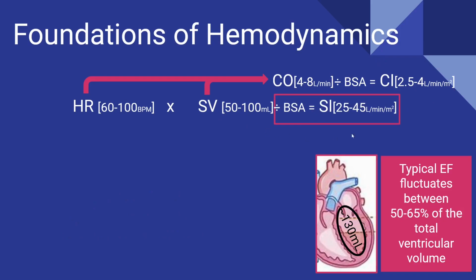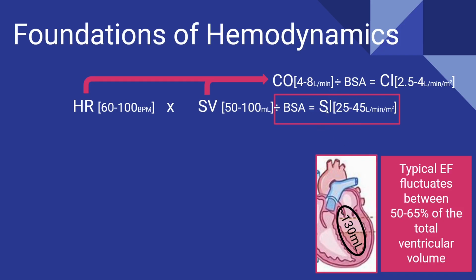And they have the same thing for stroke volume, right? Because everybody's heart is a little bit different in size. So you do the same thing, dividing by body surface area. You don't have to know that calculation for the test, but you have to know that it's about half of the stroke volume. So 50 to 100, 25 to 45. That's close enough, right? About half.